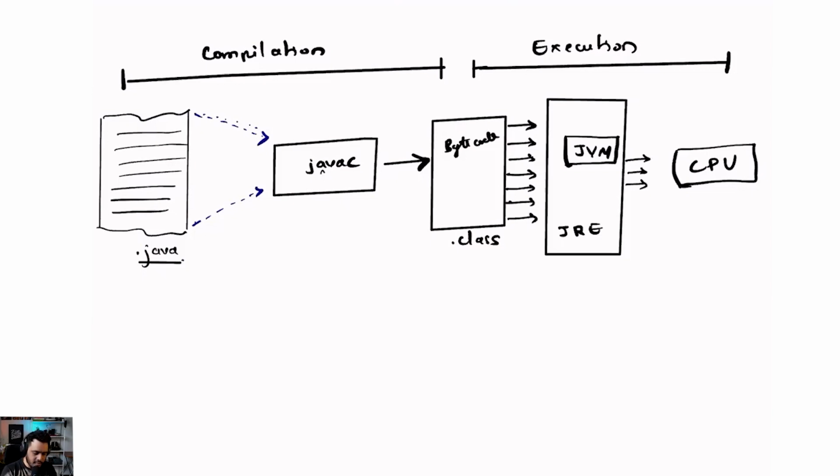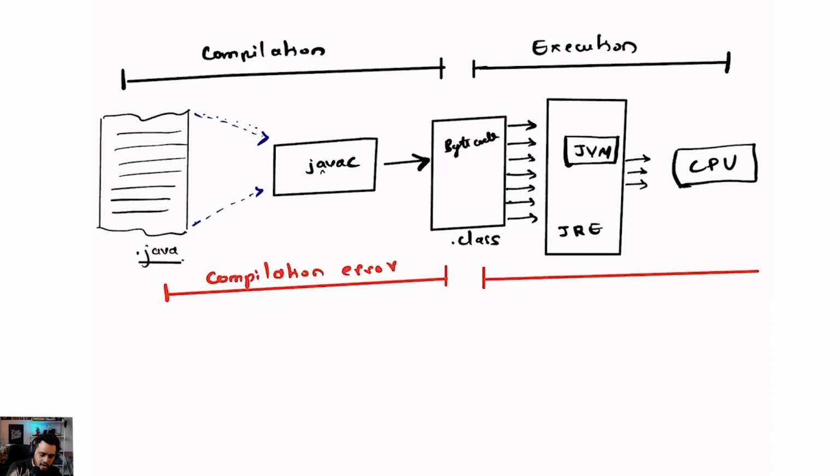Now, if there is any error happening in this phase, can you guess what it is called? It is called a compilation error. Now, if an error occurs during the execution phase, what is it called?